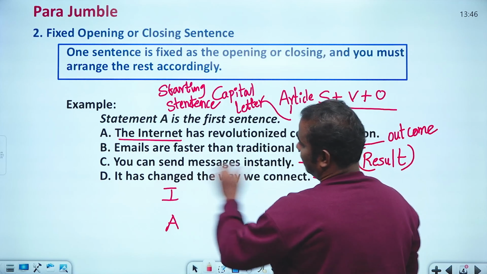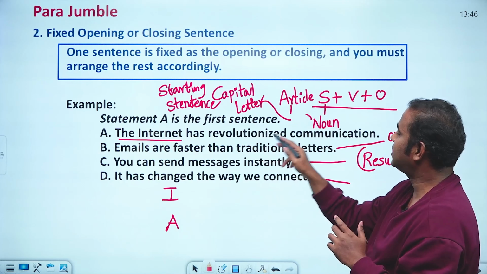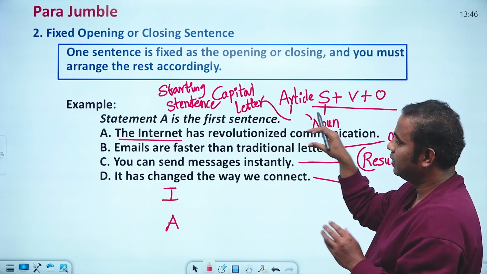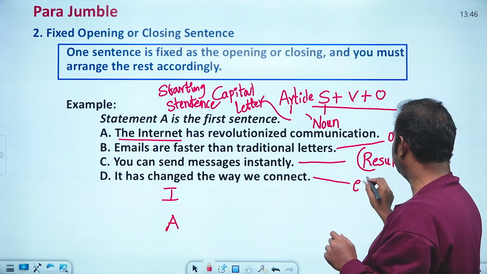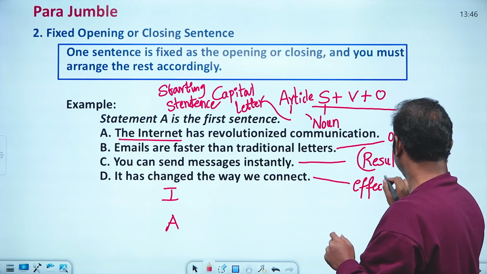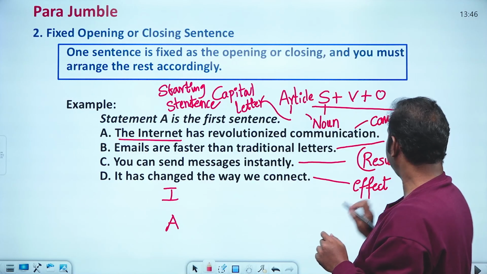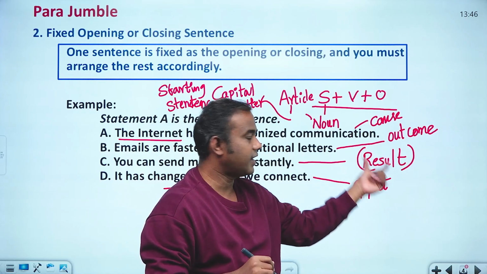For the first statement, the internet has revolutionized communication, this is a given statement. This is a cause. For this cause, this is the effect. Because of this effect, you have the outcome and final result.